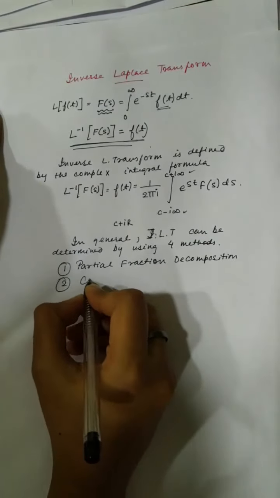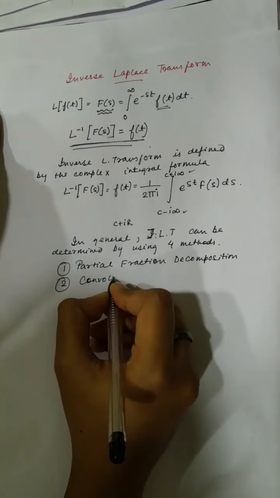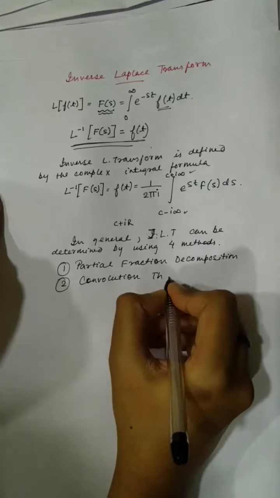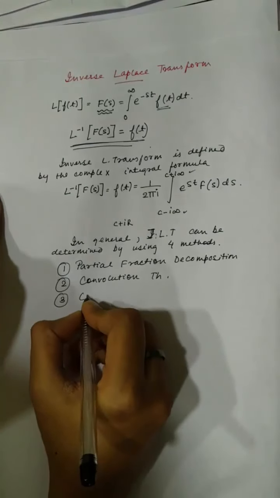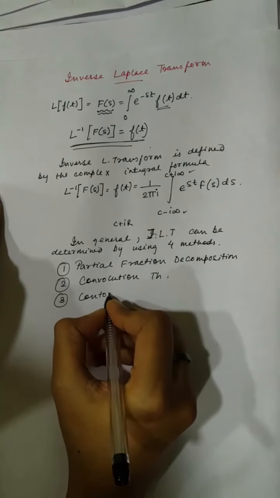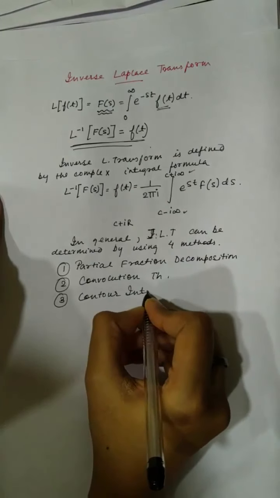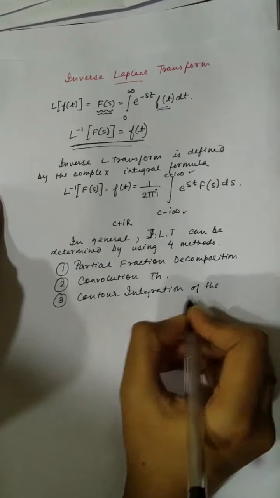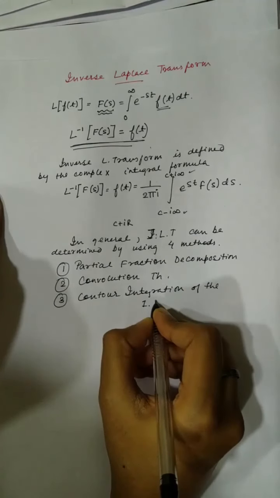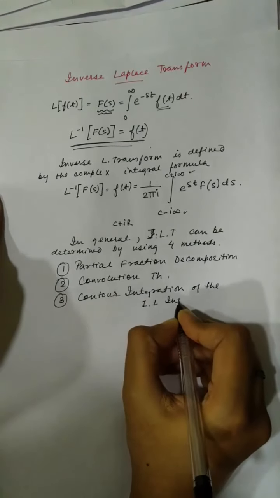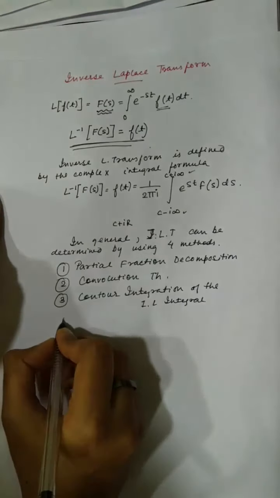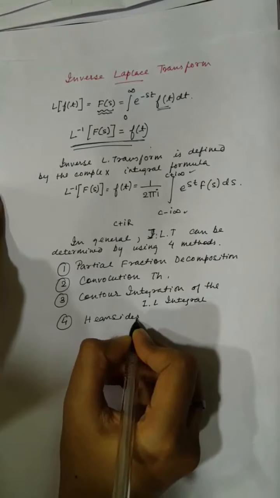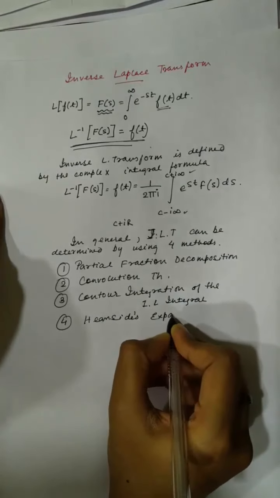Second is by using convolution theorem. We had gone through convolution theorem in the last class. Third is by contour integration of the inverse Laplace integral. Fourth is by Heaviside expansion, okay?